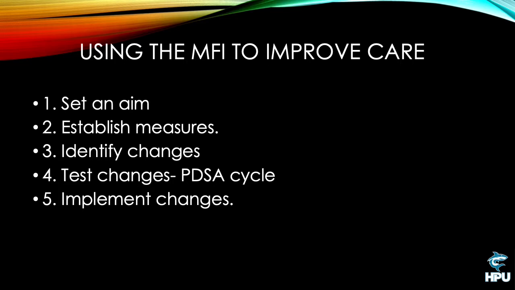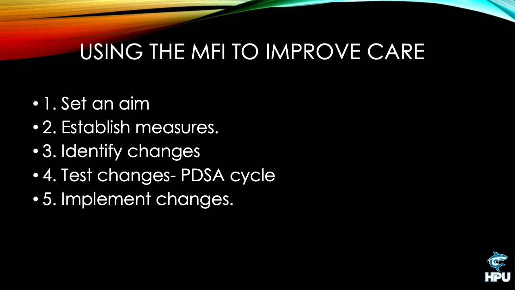Fourth, testing changes. This is where the PDSA cycle portion of the Model for Improvement comes in. By planning a test of change, trying the plan, observing the result, and acting on what you learned, you will progressively move towards your aim.